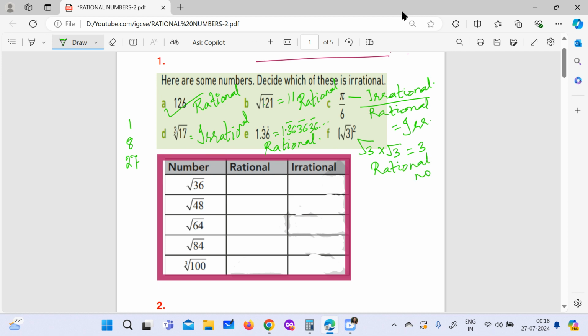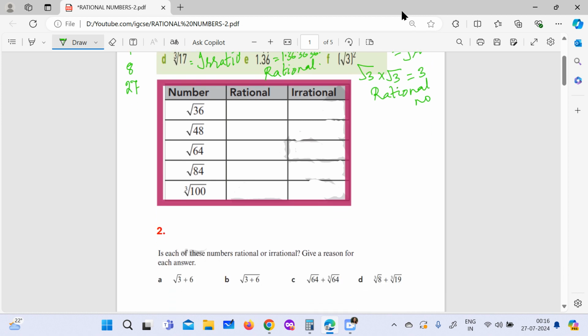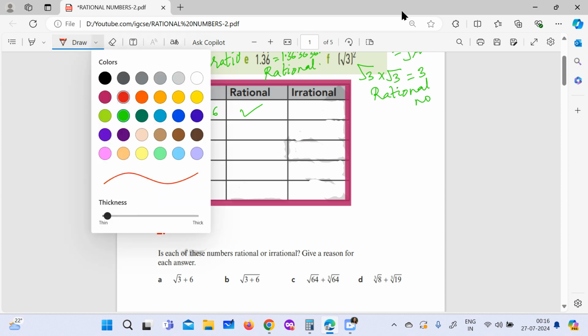Now, let's see another one. Here you have root 36. Root 36 is nothing but 6, so this is a rational number. And then we have root 48. Let's see.